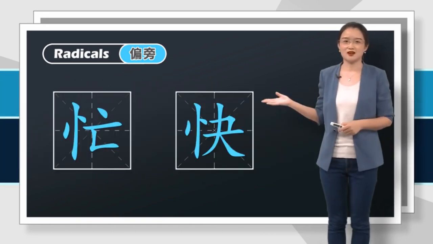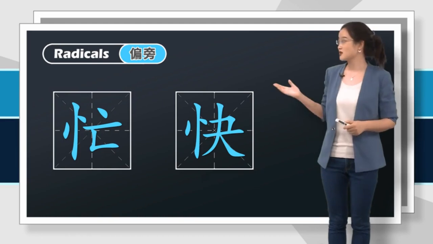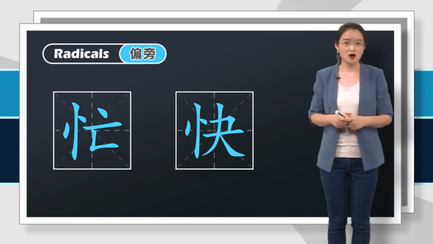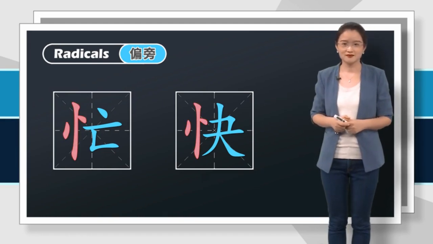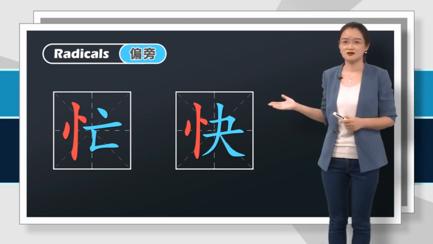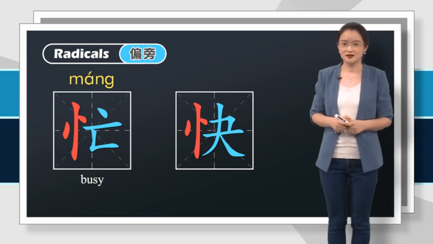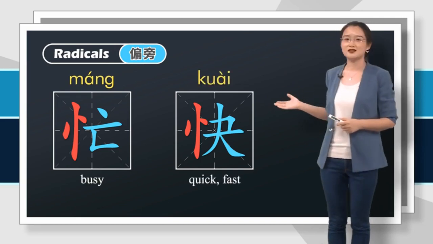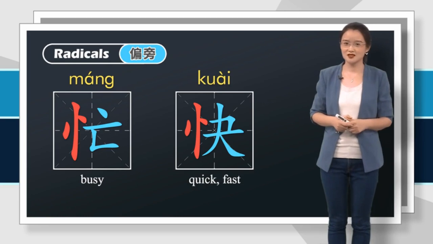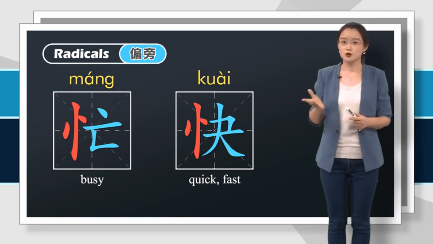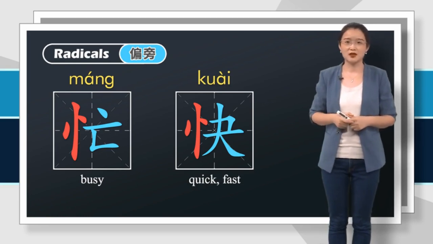Now, the second radical. Please look at these two characters and find out the common part. Correct. They have the same left part. The character on the left is 忙, busy. And this one on the right is 快, fast, quick. Could you please try to guess the meaning of the left part?